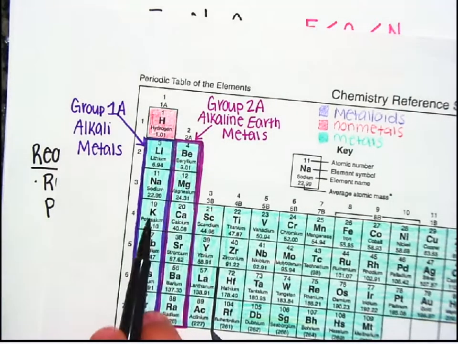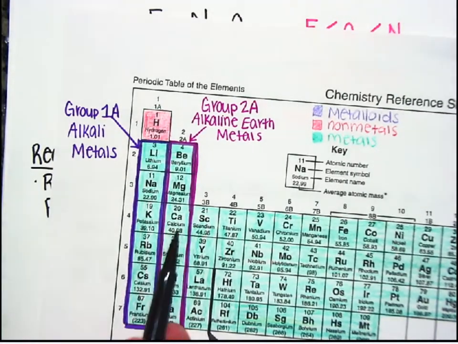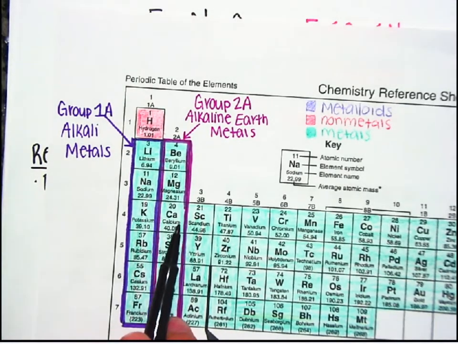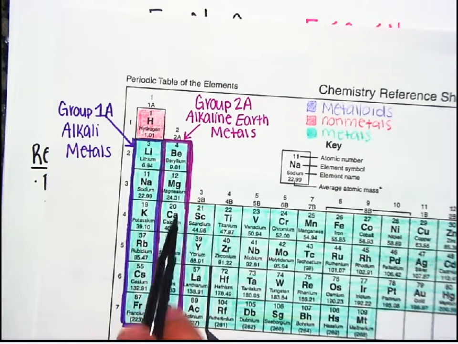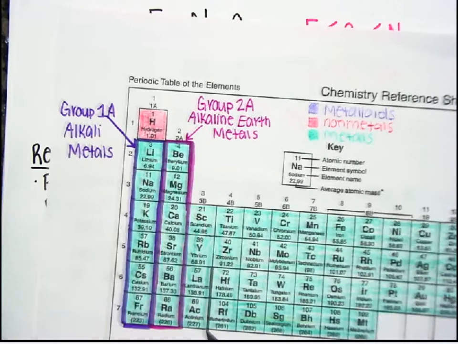So if I were to compare potassium and calcium, potassium has one valence electron, calcium has two valence electrons. As I go across the period, the electrons are held tighter. So it's going to be harder for calcium to lose its two valence electrons than it is for potassium to lose its one valence electron. Since potassium can more easily lose its electron, it's going to be more reactive.